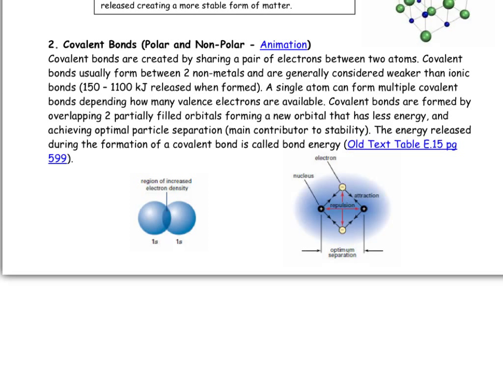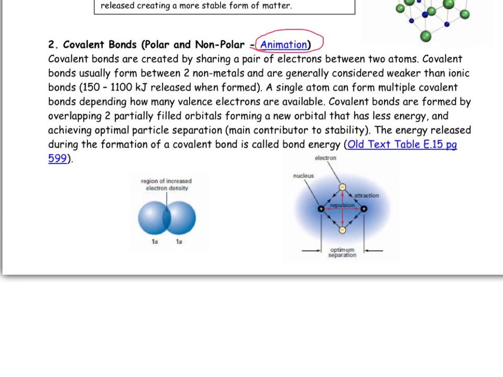So covalent bonds come in two kinds, polar covalent or nonpolar covalent. Now, watch the animation to refresh yourself on the difference between the two. Covalent bonds are created by sharing a pair of electrons between two atoms.